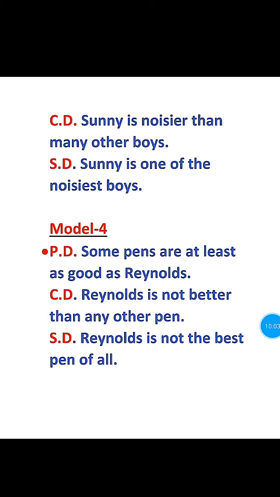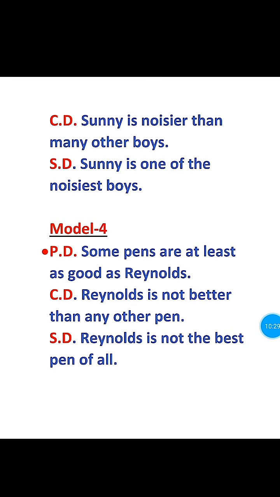Here in comparative degree than any other is there. Like that in superlative degree also of all is there. So when there is at least in positive degree, we have to write the comparative degree by using any other, and superlative degree we have to write of all.